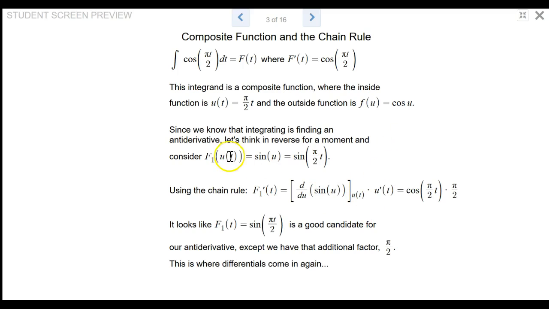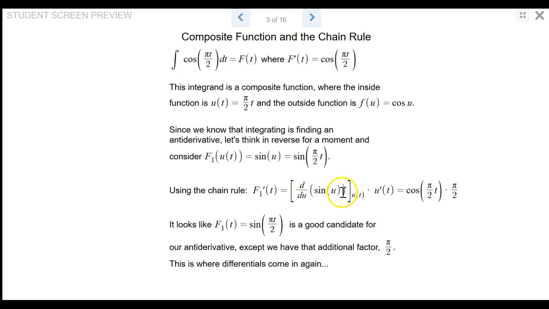So let's take a step back and look at what we're doing. If I'm going to make a substitution, and because the antiderivative of cosine u is sine u, what happens when I find the derivative of sine u with respect to u?